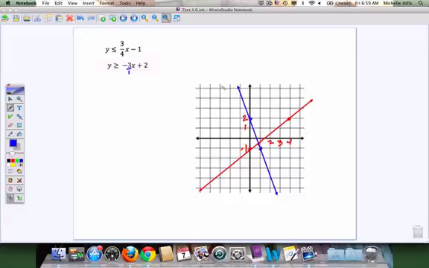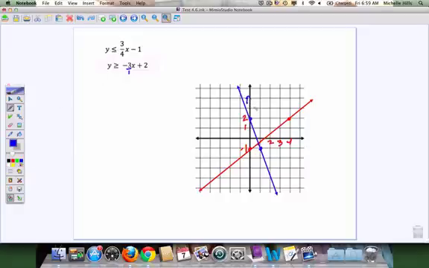Now for this inequality, the blue is less than, so I want to shade below this line for less than. The red one in this case, though, is, oops, and I just said less than for the blue one, and it's greater than. Let me undo those. Greater than. Again, a less than looks like a capital L sort of on its side, so the greater than is the other one.